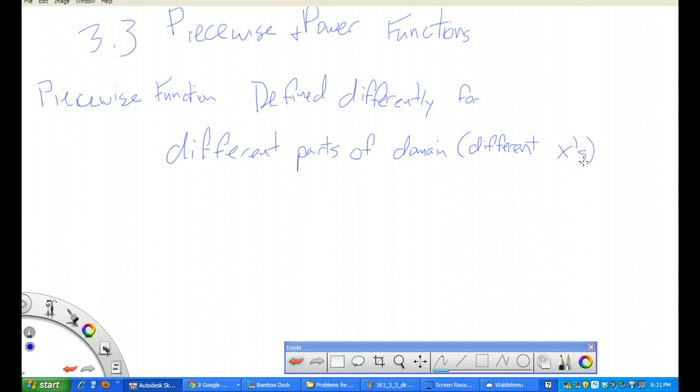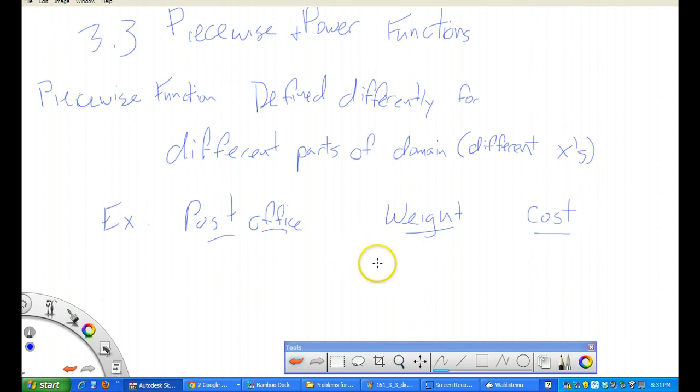Okay, so example, just something that you've all seen before. Think about the post office. So let's say this is weight, this is cost to mail it. So let's say if it weighs between 0 and 1 ounce, your cost is 44 cents.